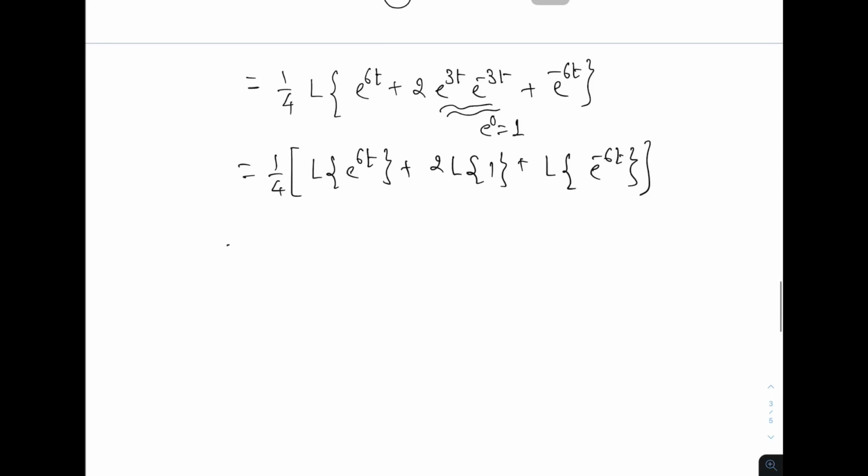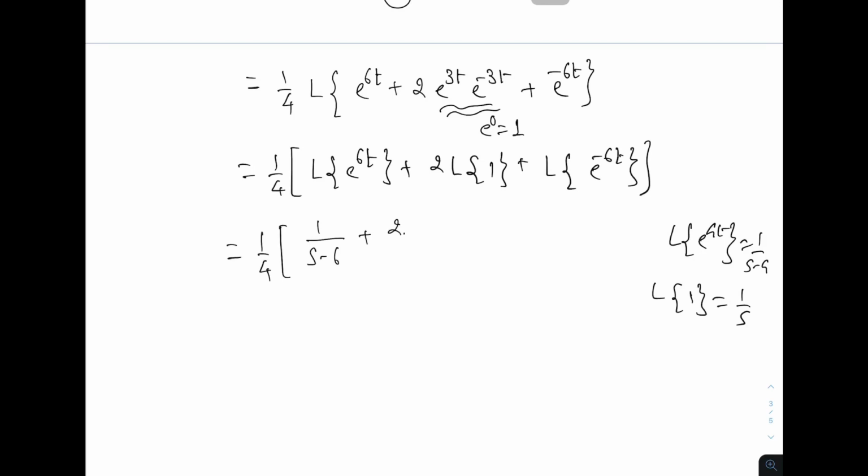And we know that Laplace transformation of e power at is 1 over s minus a. Laplace transformation of 1 is 1 over s. So that is nothing but 1 by 4 (1 over s minus 6 plus 2 by s plus 1 over s).